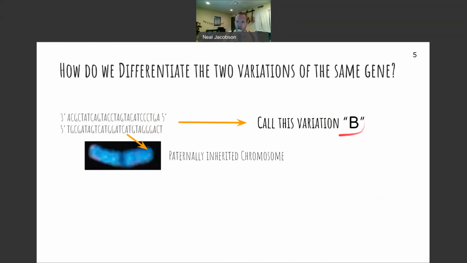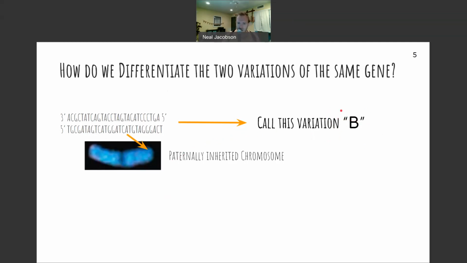But we're going to call this variation of the gene big B. Typically, when you see the capital letter, that's a wild type variation, meaning if you were to go out in the population and sample 100 people, 90 of them are going to have at least one of these copies of the gene. 90 out of 100. I'm just making that number up, but it's going to be a lot of the people that you sample in the wild, or the animals.